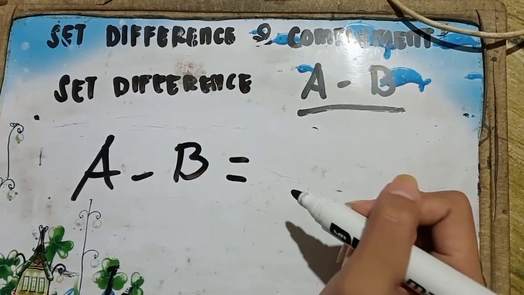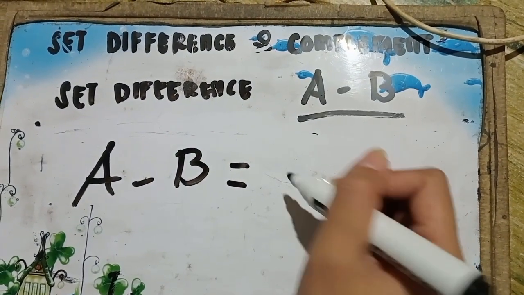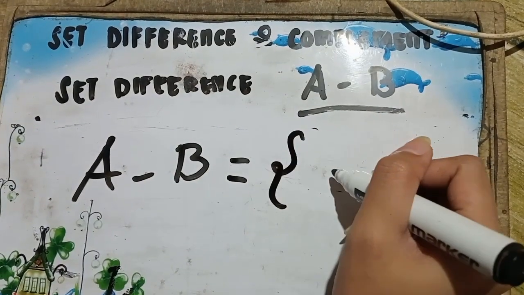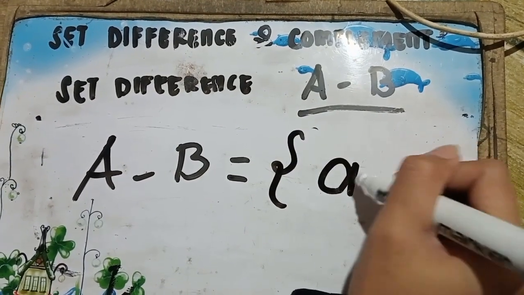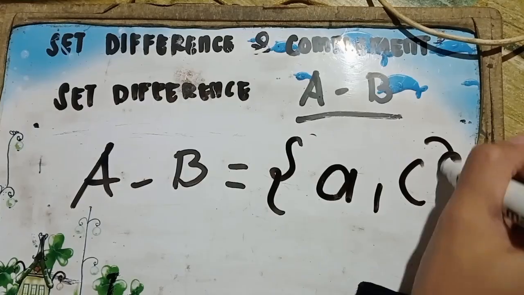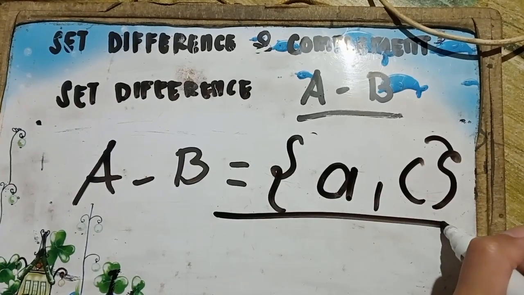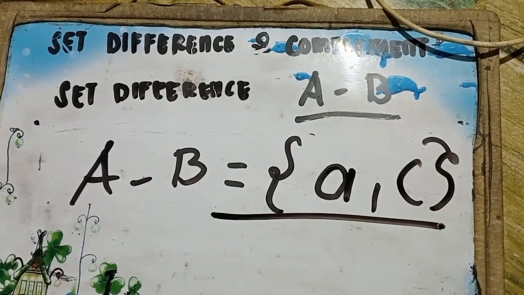What letters are in A but not in B? The answer is A and C. So this is our set difference.